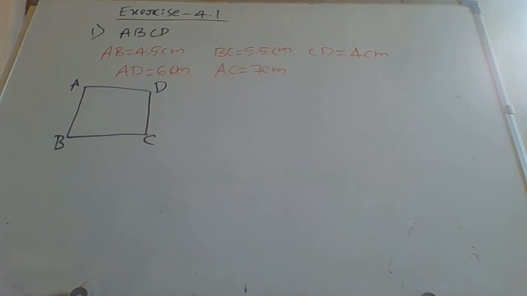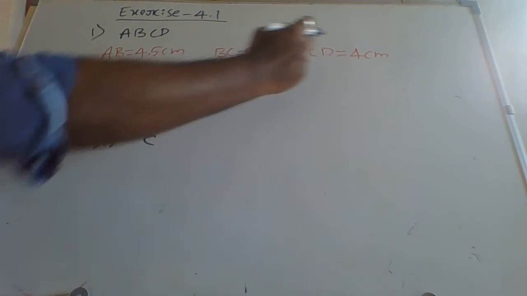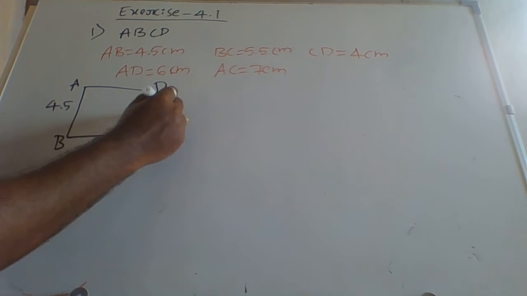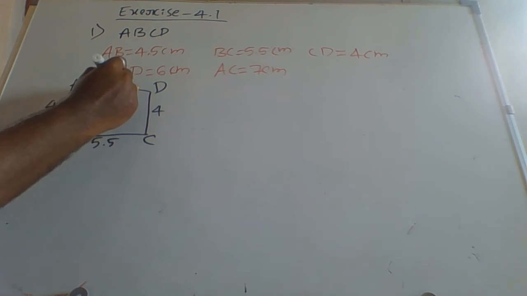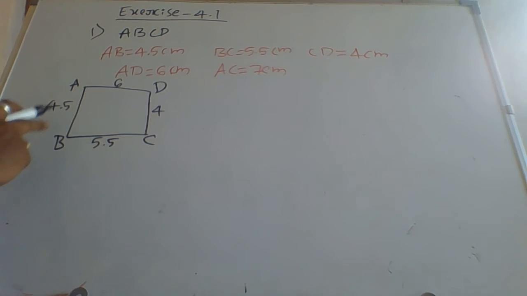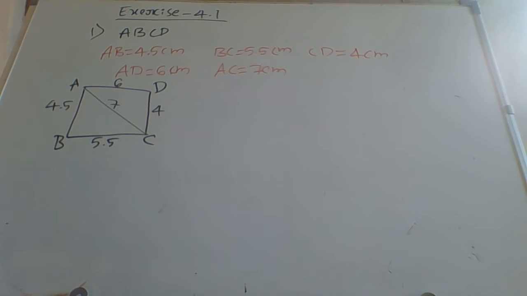Here they are given that the length of AB is 4.5 centimeters, the length of BC is 5.5 centimeters, and the length of CD is 4 centimeters. Here the length of AD is 6 centimeters and AC, this is the diagonal AC, is 7 centimeters. So now we can construct quadrilateral ABCD.